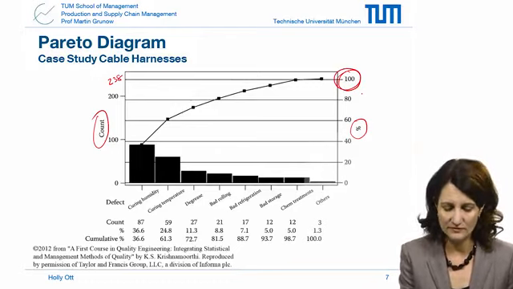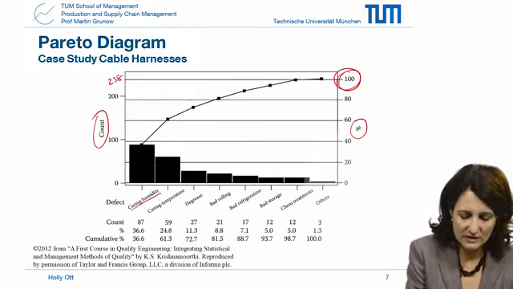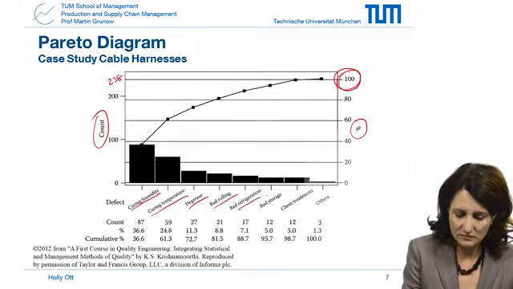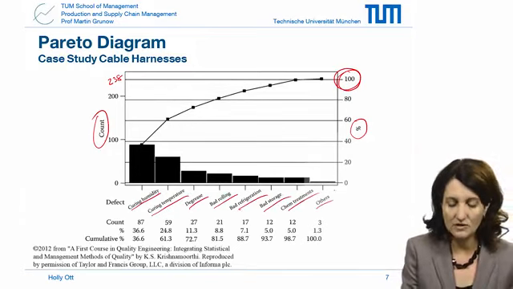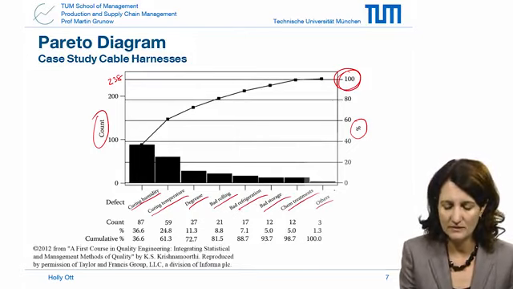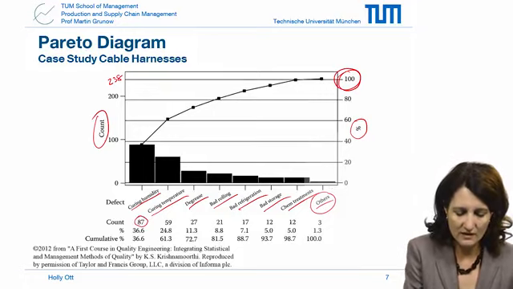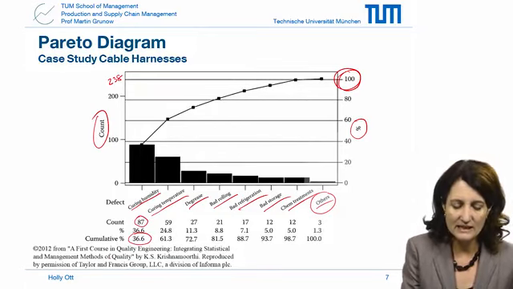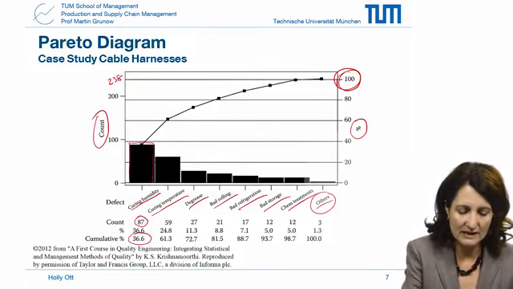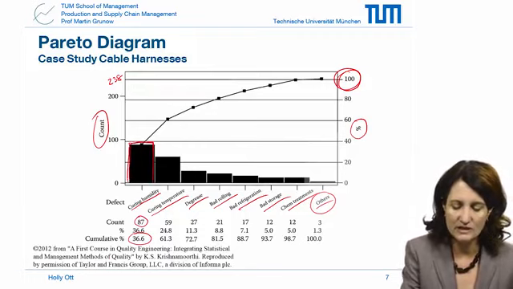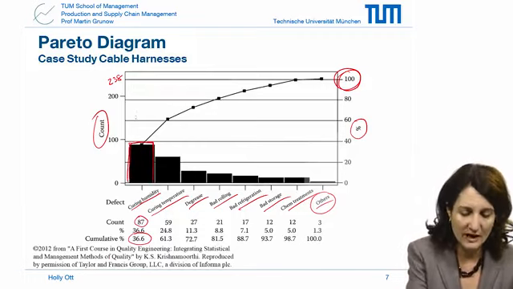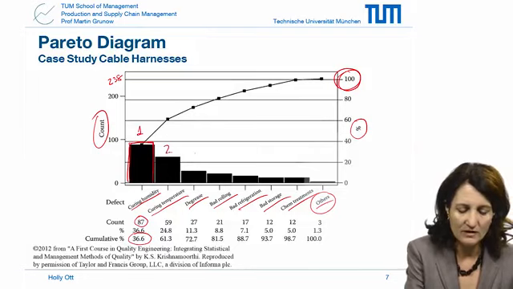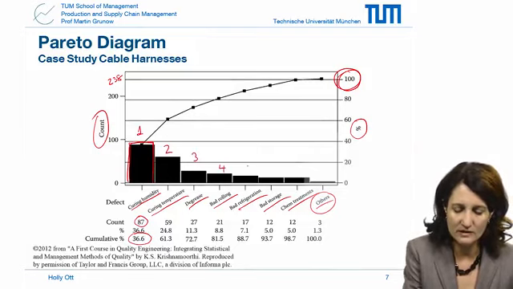And here you see the different causes of the defectives, and everything's bundled together here as others. Then you have the count of 87 over 238. The cumulative is then 36.6. And since the curing has the highest count, or the highest percentage frequency, it's ranked 1, and it's plotted first in our Pareto diagram.